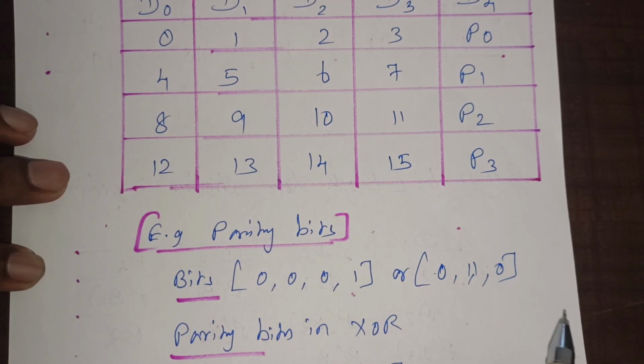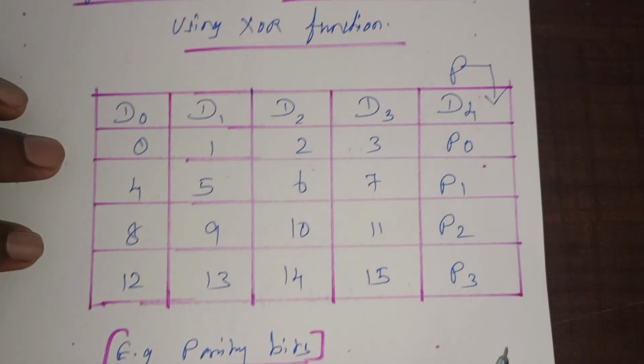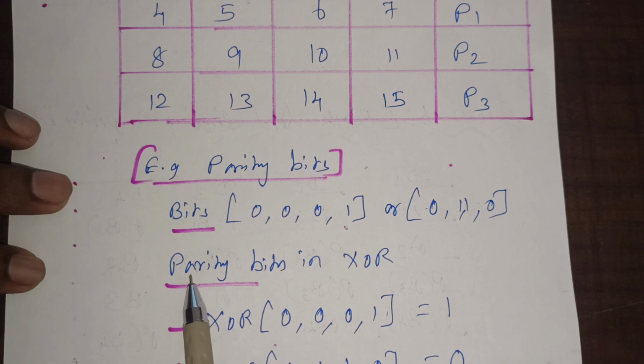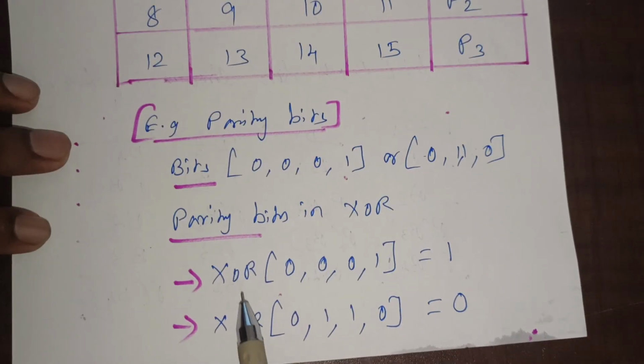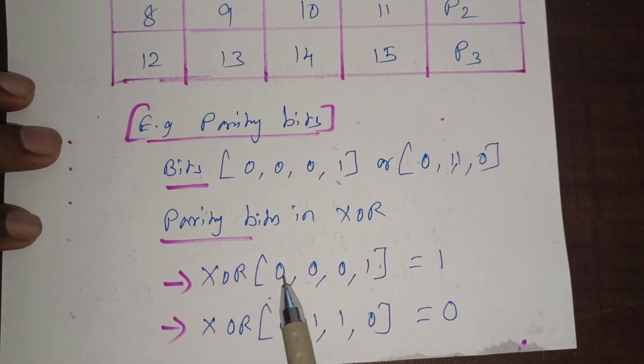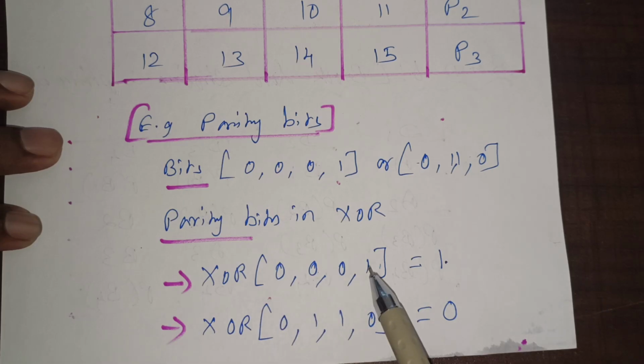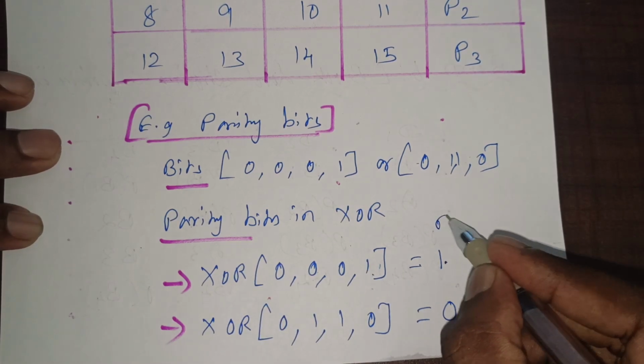Two cases I have taken. I am going to calculate the XOR, that is D4, for this parity bit. In the first case, the XOR of 0, 0, 0, 1 we make even. Here you have 0, 0, 0, 1, which is the data, and this is the parity bit.